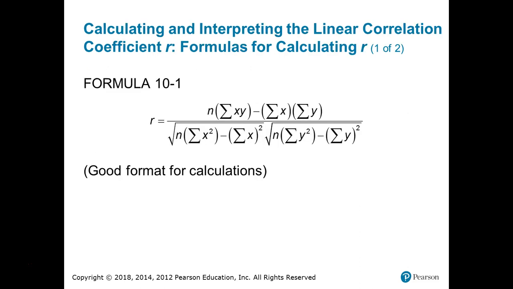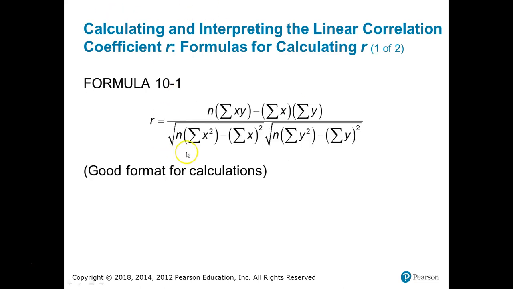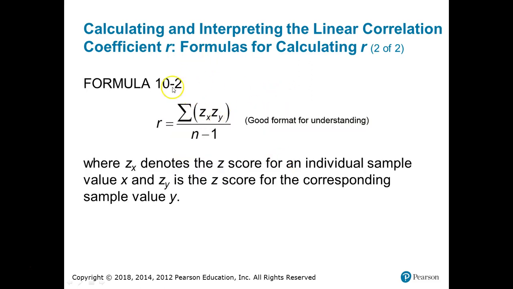Okay, here's your lovely, beautiful equation for how to calculate R. This is in your book as Formula 10.1. Looks pretty easy, right? Here's Formula 10.2, a slightly easier one. 10.1 is what any technology is going to be using. 10.2 is a simpler equation, and you could use it to see the general trends that R is going to have.